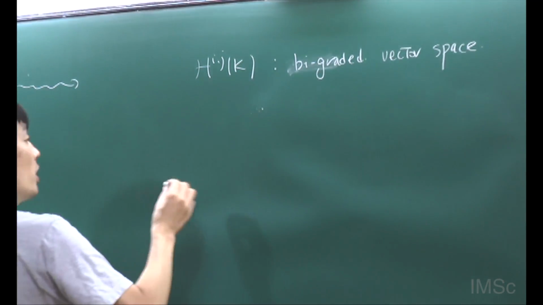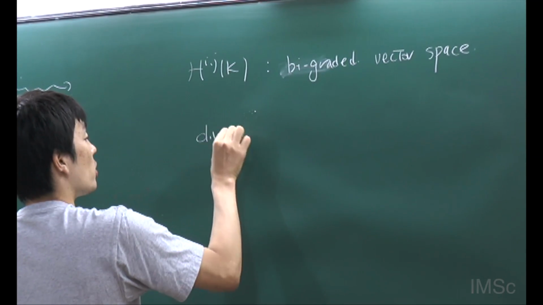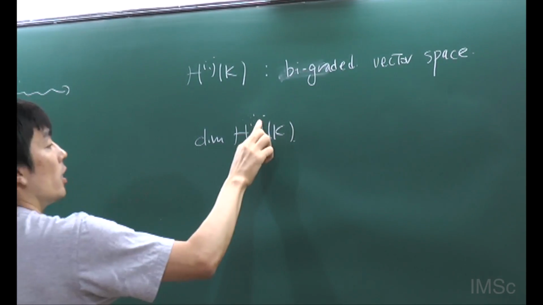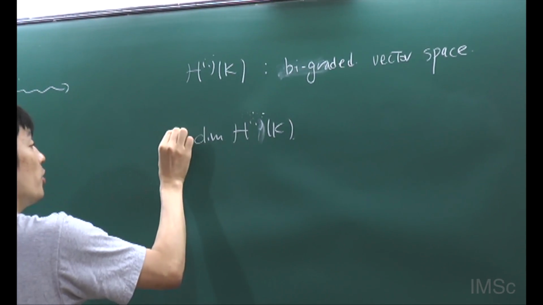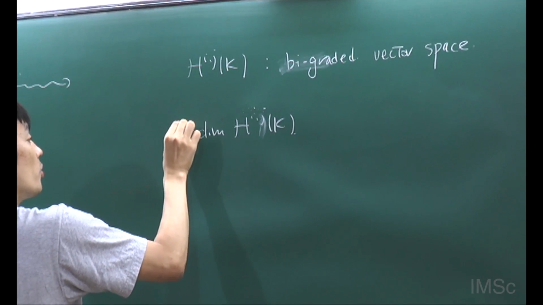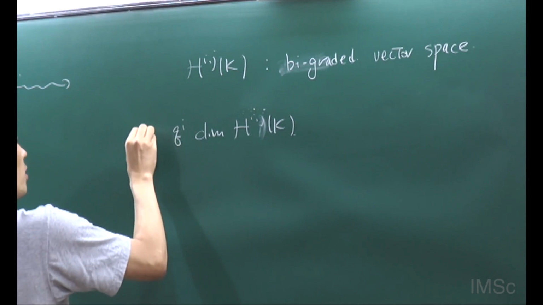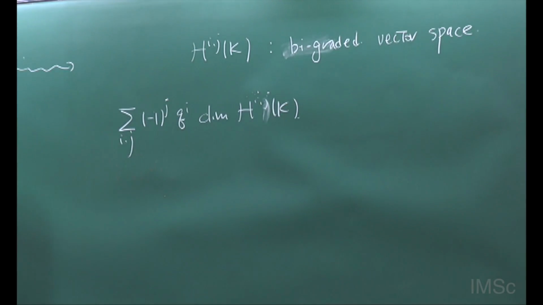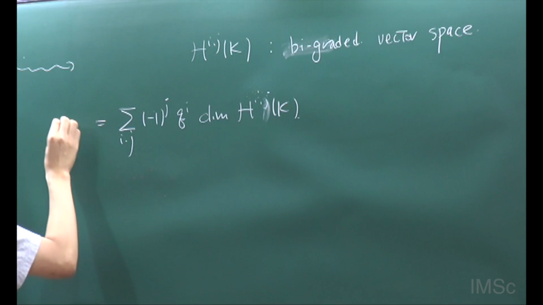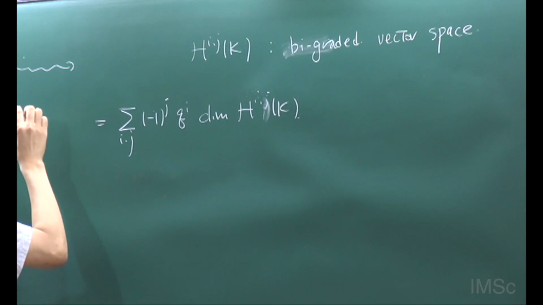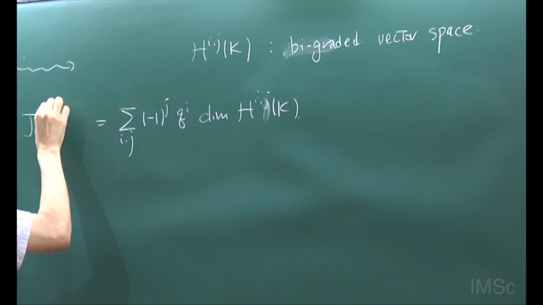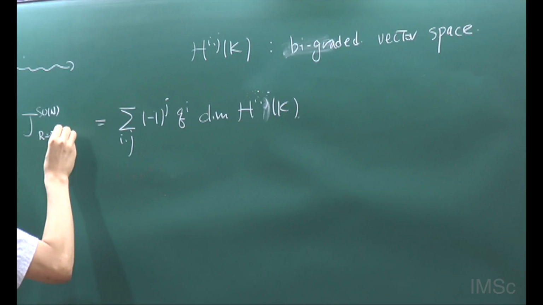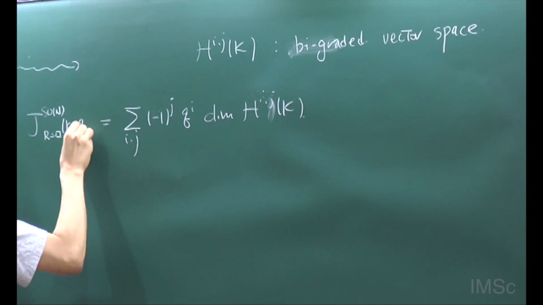And he constructed it in such a way that the dimension of H^{i,j}, taking the q-graded Euler characteristic, the sum over i and j of q^i times (-1)^j times the dimension, is equal to the quantum invariant of the knot K, as a function of q.